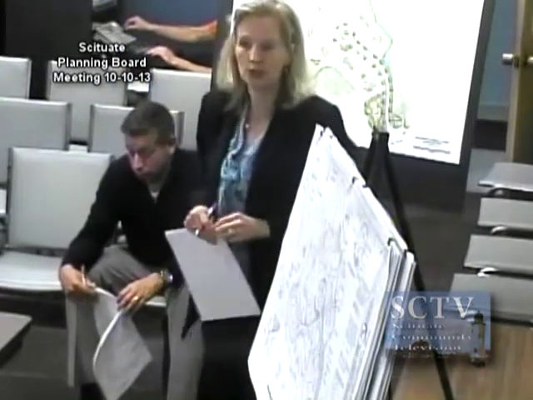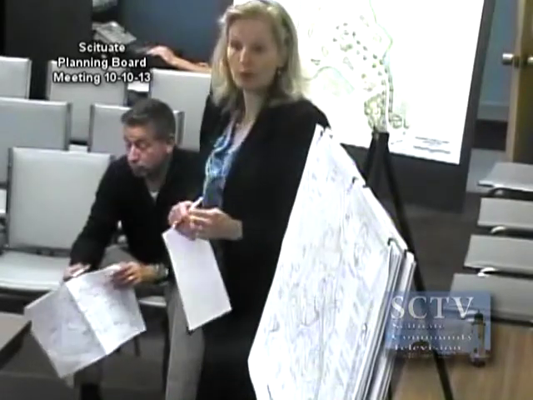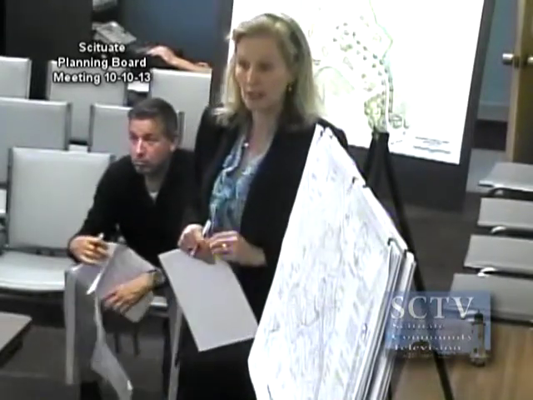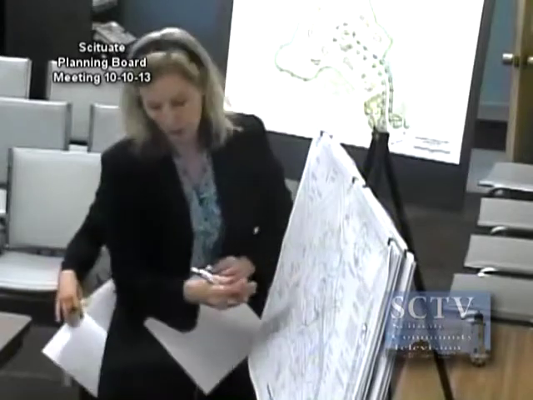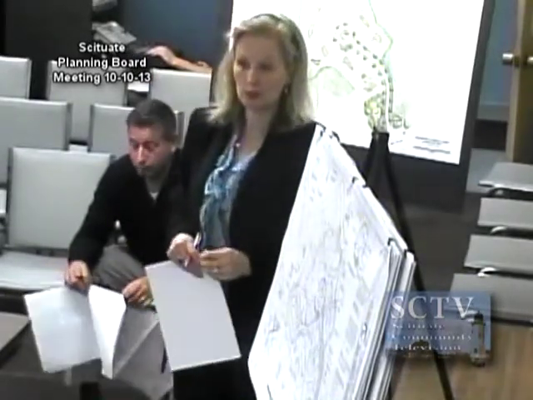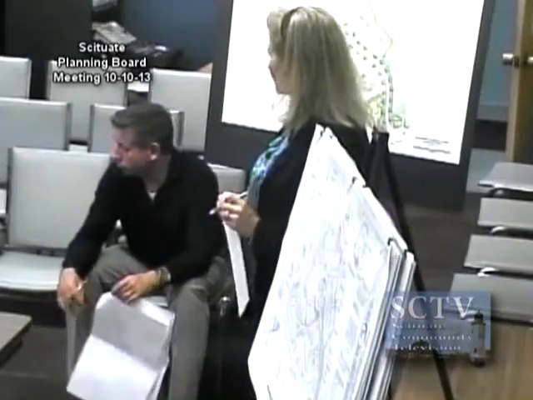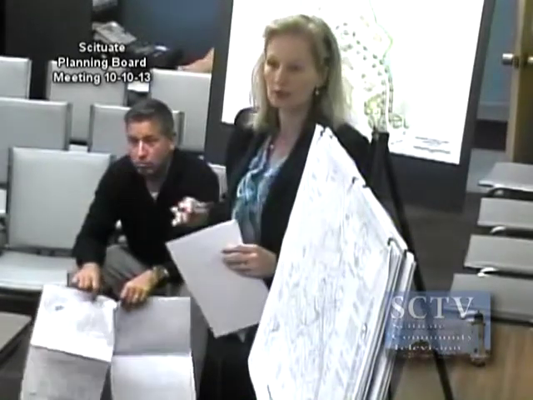And when does the road get paved? That would be as soon as possible, pretty early in the process. It's a short road, so it should be a relatively quick process. I think when we were talking, we were thinking a couple of months, but it all depends. Again, it's weather-driven timing.